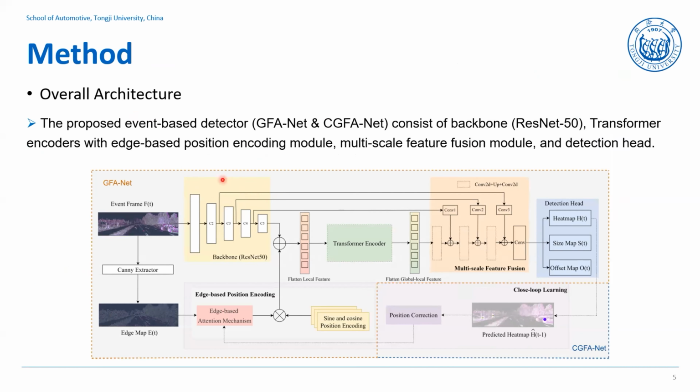Our event-based detector consists of a backbone and transformer encoders with edge-based processing encoding module, multi-scale feature fusion module and detection head.